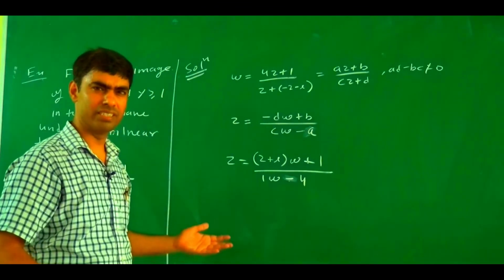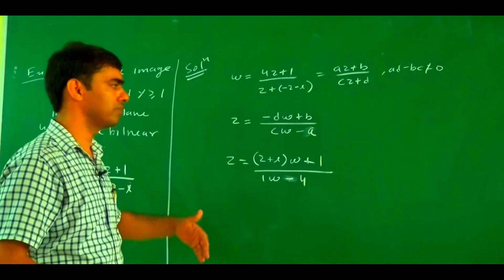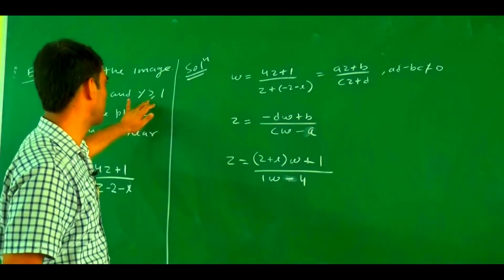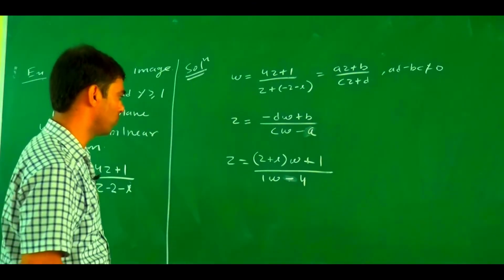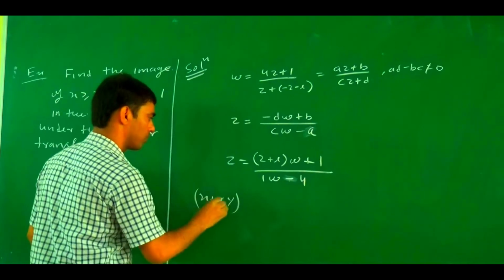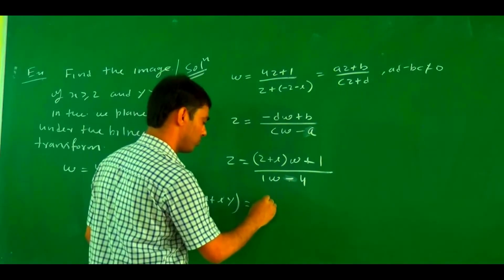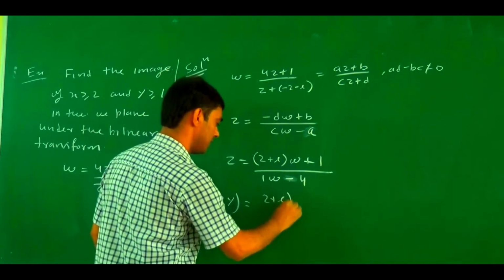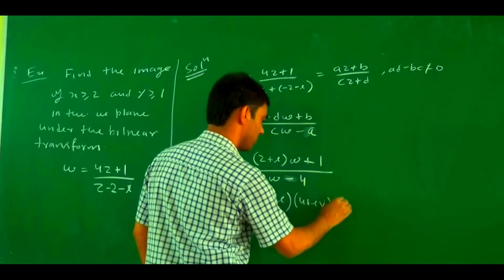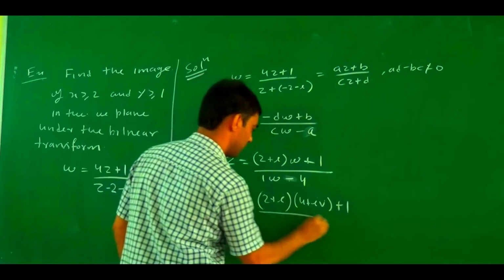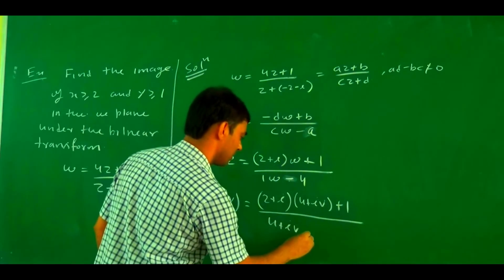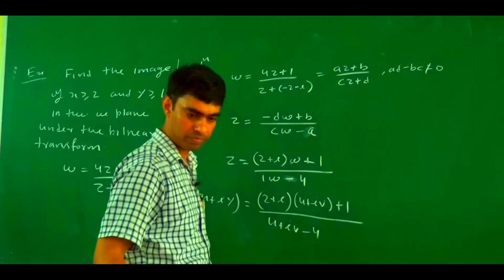Now we equate, this is very simple. Equate the real and imaginary parts, then write the real part greater or equal to 2 and the imaginary part greater or equal to 1. So x plus iy equals (2 plus i) into (u plus iv plus 1), and in the denominator u plus iv minus 4.